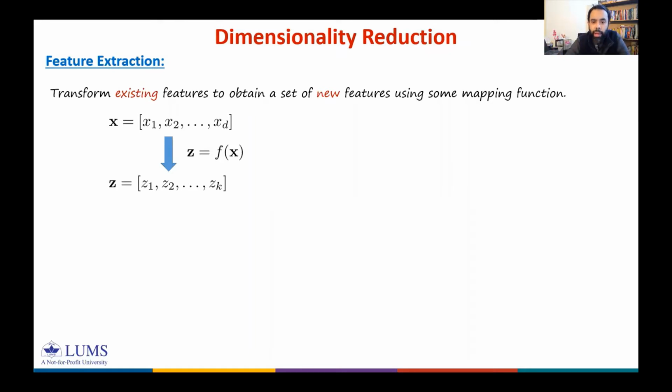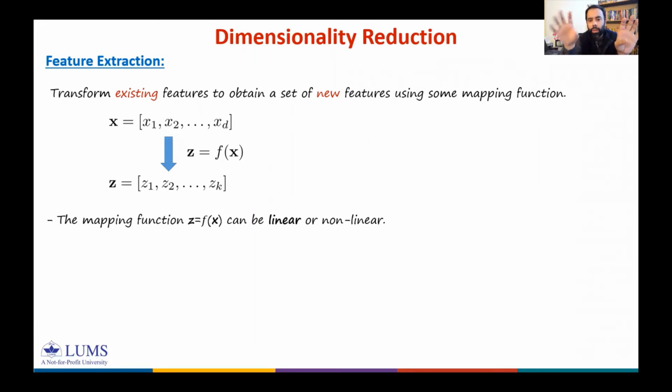This mapping function can be linear, or it can be non-linear. It does not need to be linear. If you want to interpret this mapping, this is a projection of the data in d-dimensional space, a higher dimensional space, to the lower dimensional space, or a k-dimensional space, right? This is a projection from this d-dimensional space to this k-dimensional space.